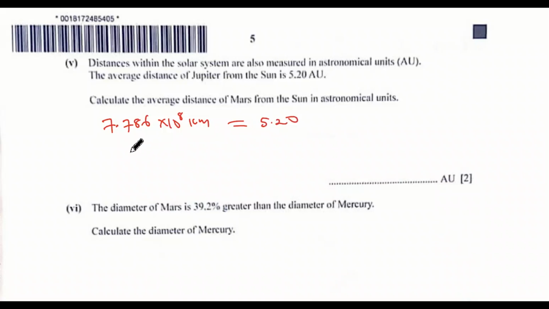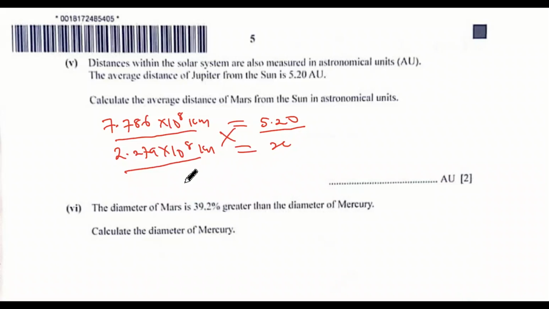And for Mars, we know that the distance in kilometer is 2.279 times 10 to the power of 8 kilometers, and the corresponding value of it in astronomical units will be x. So if you cross multiply, you multiply this by this and divide the result by this, that will give you your answer.